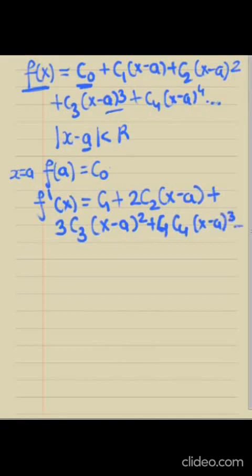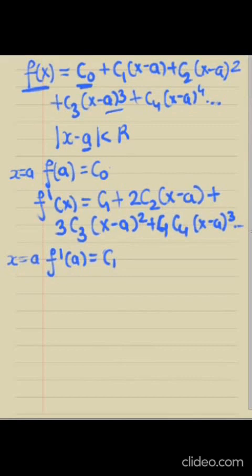And we're going to go ahead and evaluate this at a again. So f prime of a equals, well, it's equal to just c1, right? Because all of the terms after it equal 0, since we have x minus a in each of the terms.